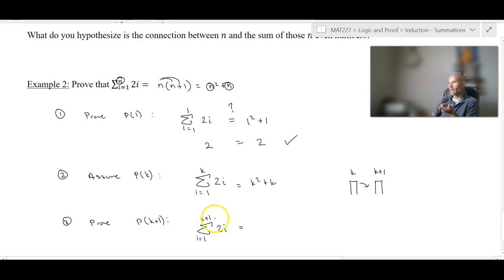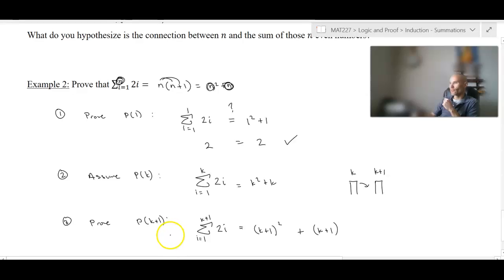Well, whatever we're summing to is what gets squared and gets added. So it should be k plus 1 squared plus the value of that n, which is just k plus 1.